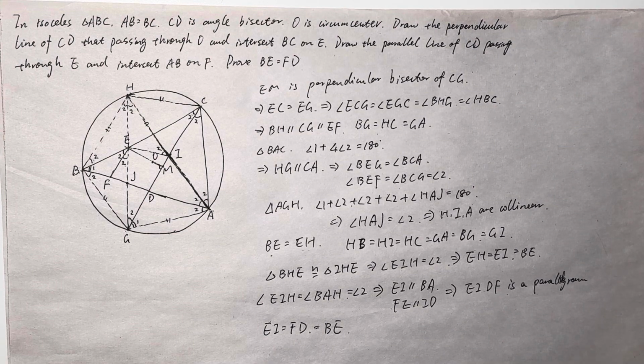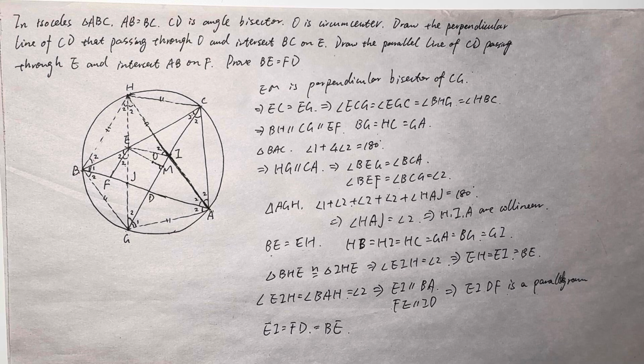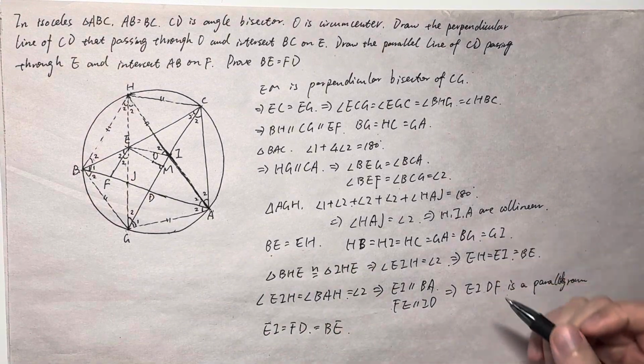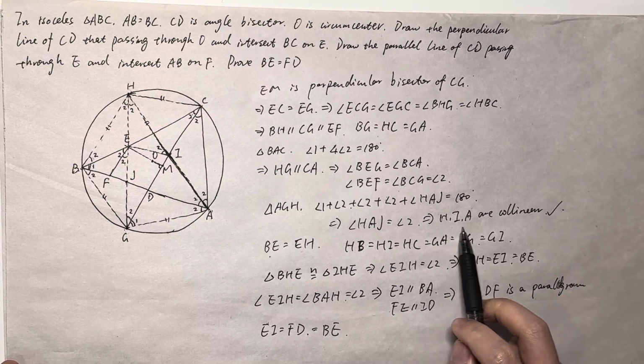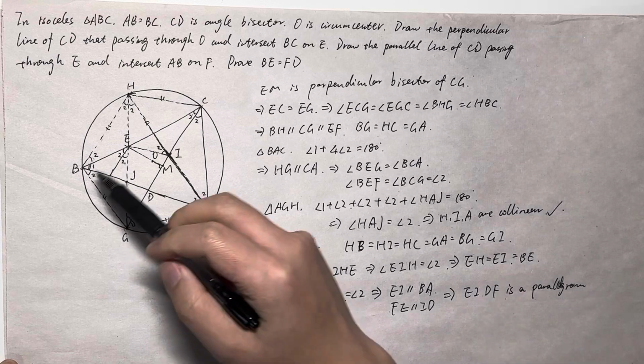This problem is from a Russia Olympiad competition. So it's not an easy one, but as you can see, we just try to find out whatever we can. Eventually we have a lot of critical milestones, like we proved that H, I, A are collinear, and we proved a lot of parallel lines.